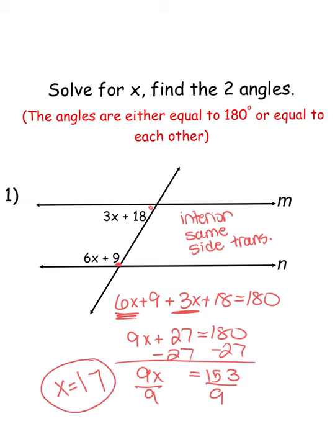Now, if I look at the question, it now says to find both of the angles. So for the first one down here, 6 times 17 plus 9, if I type it into the calculator, I'm going to get 111 degrees. For the top angle, or this angle here, 3 times 17 plus 18 is going to give me 69.